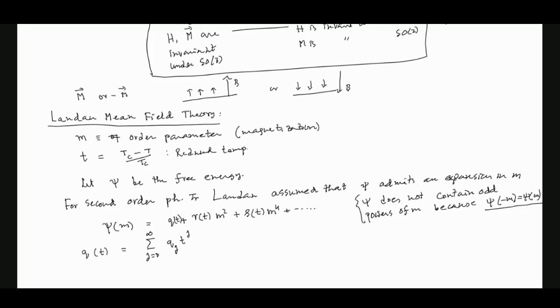And of course my r of t can be written as sum over j equal to 0 to infinity of rj into t to the power j. These are well-behaved analytic functions of temperature, so they can all be expanded in terms of the powers of t.